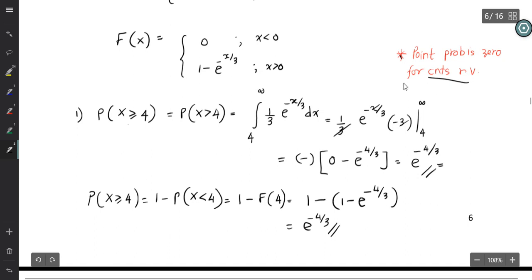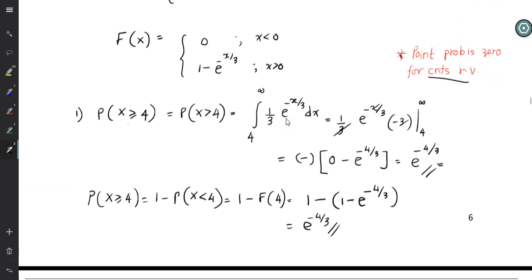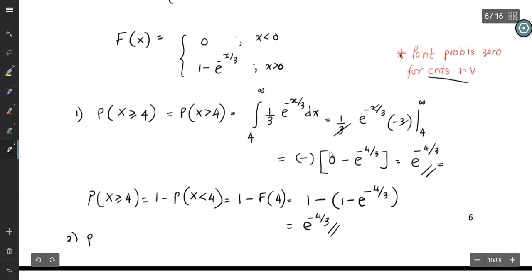So if you want to find probabilities, you can use either the CDF or you can do it the hard way, integrate again. Now what if you want to find the probability that x is in between 1 and 6? How do you find this one?